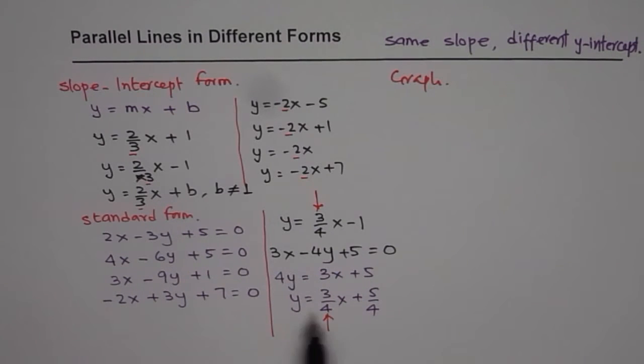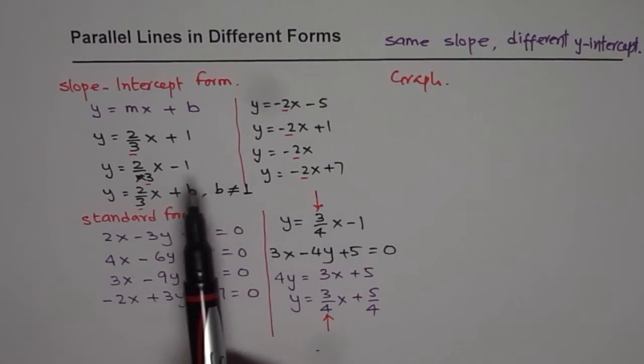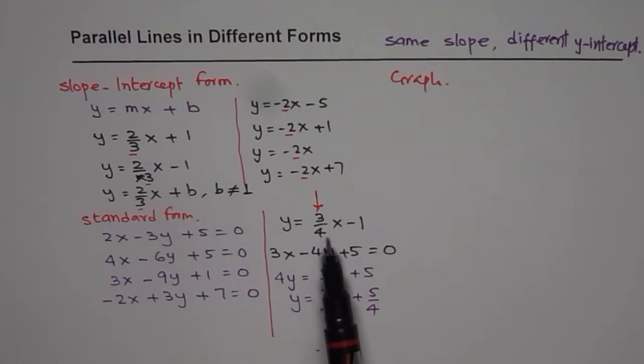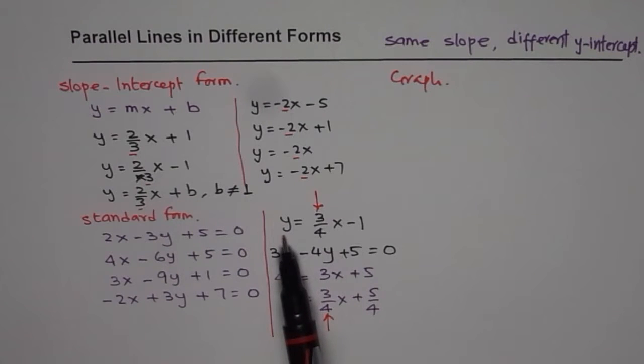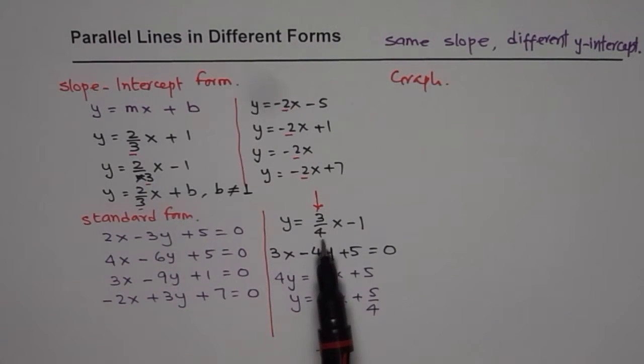So what you also learn here is that you can not only write equation of lines parallel to one another in same form, but you can actually change the form, and that's the way to do it. So if you are given equation of line as y equals 3 over 4 x minus 1, then the parallel line should be 3x minus 4y plus some other constant. That should help you to understand and write equation of lines which are parallel.